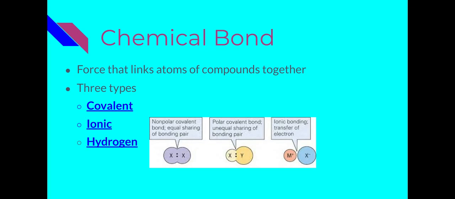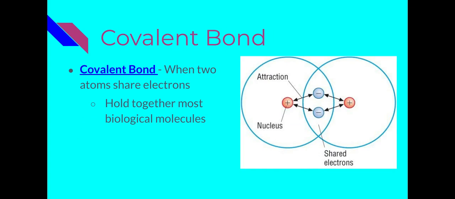A covalent bond is when you share electrons. Ionic bonds are actually when ions form, which are charged particles, and they either give up or gain electrons and then are joined together. Or a hydrogen bond is our weakest bond of the 3, and it actually is a bond between different molecules.